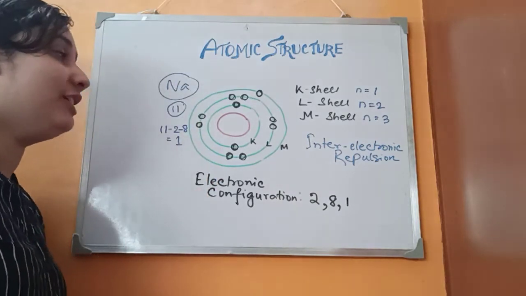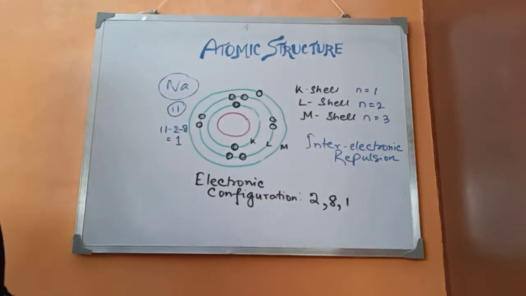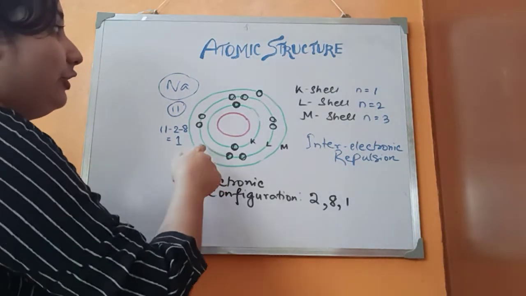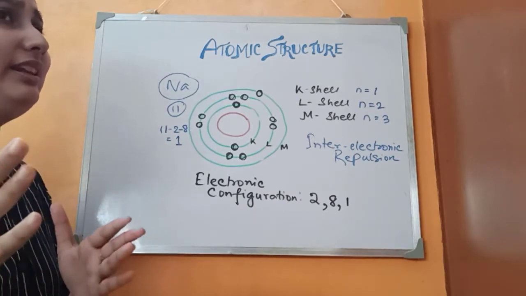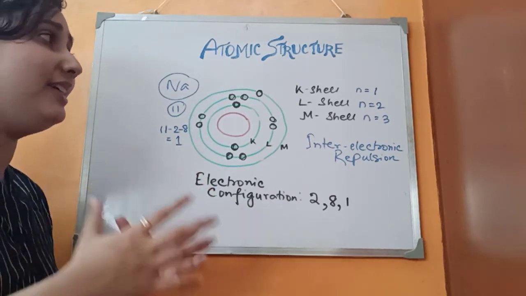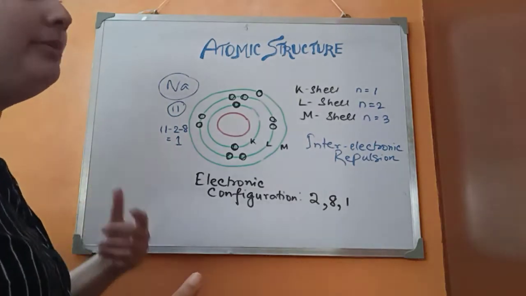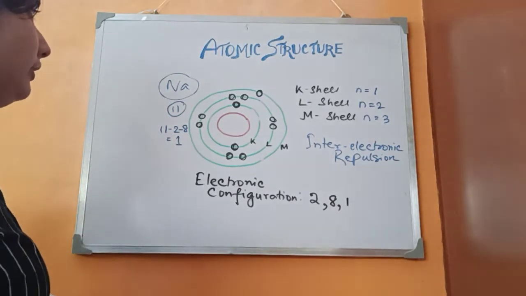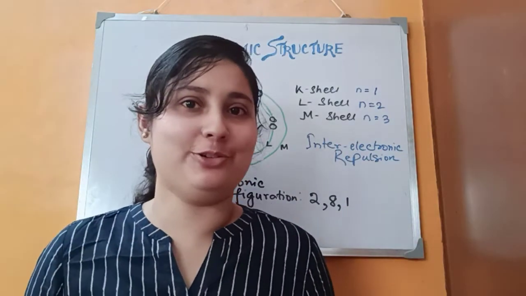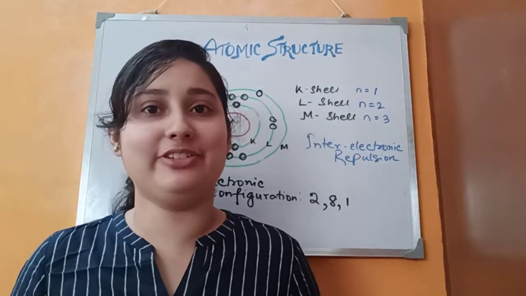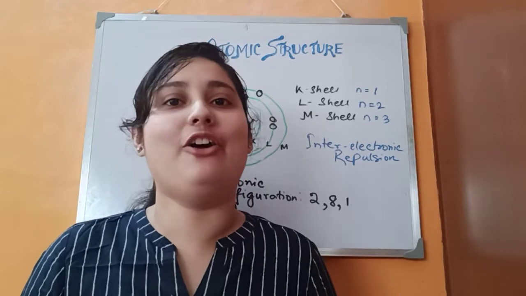Okay, students, so this is how we generally fill the electrons in the shells, the K shell, L shell, M shell, N shell, and this will continue as the size of the atom increases. So this was a short video on how the electrons are filled in the various shells of an atom.